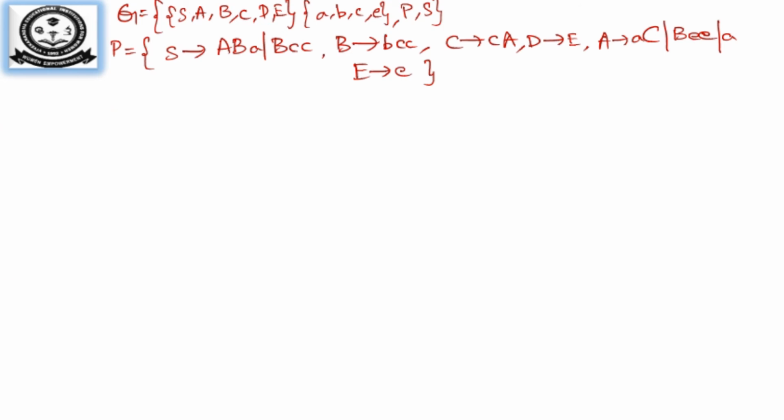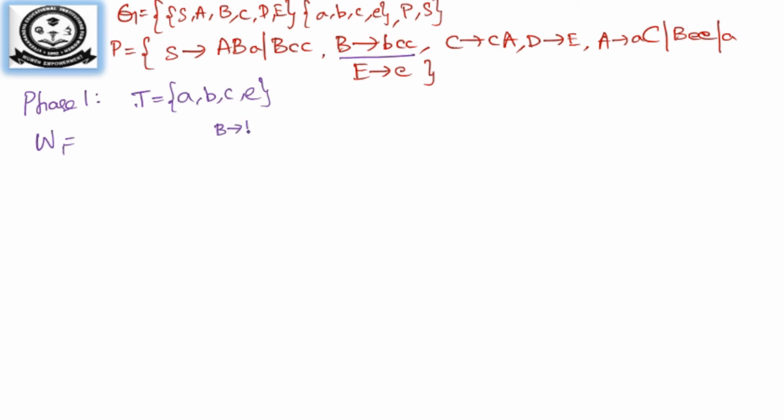So let me start with the rule. So we'll see phase 1. So what is your phase 1? Phase 1, the terminal symbols. So here the terminal symbols are going to be a, b, c and e. Now we will find W1, that is, we are going to find the non-terminal variables that can derive a, b, c, e. Okay, so the first one is not deriving any terminal symbols. The second one, B, is deriving.